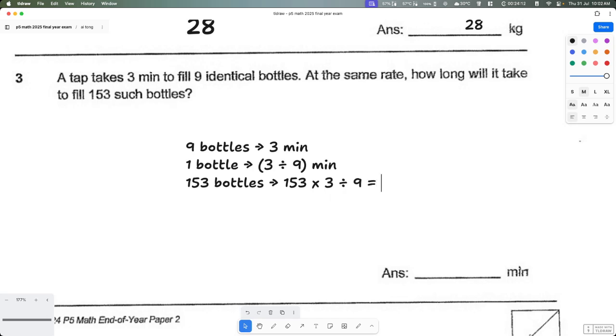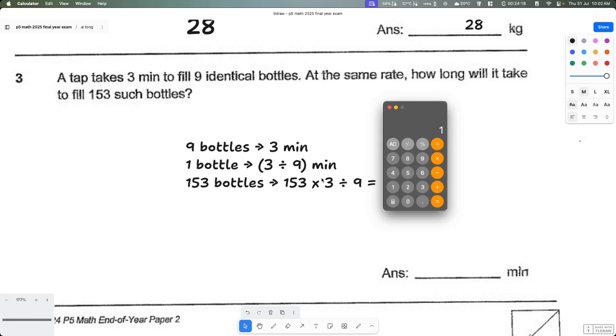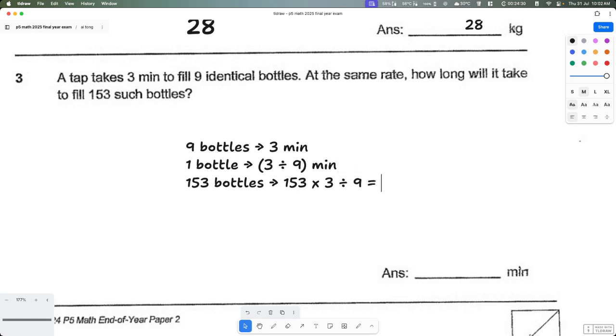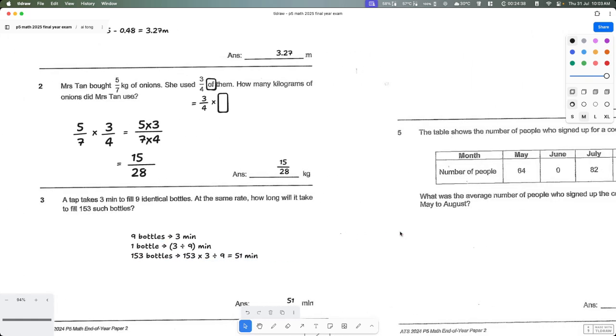What will this give us? Let's use our calculator. 153 times 3, then divide by 9. It gives us 51. So this will take us 51 minutes. Here you go. All right, that is it for question 3.